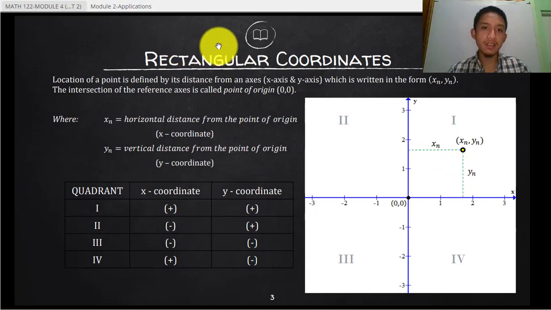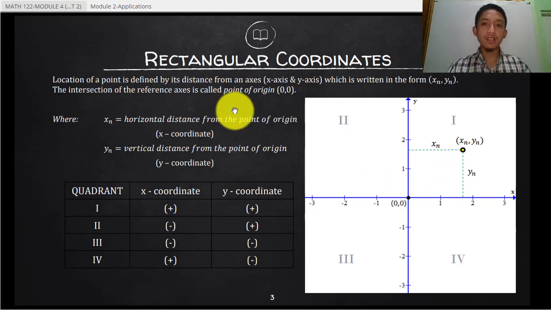Okay, so the term rectangular coordinates is literal, because as you can see here, if we are trying to locate a point, it will be forming a rectangle with respect to your origin. So let's say I consider a point somewhere here, let's say at point 1, 1. Then that will create a rectangle with respect to your origin.